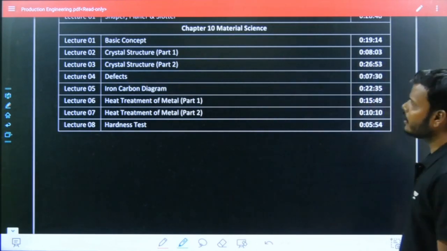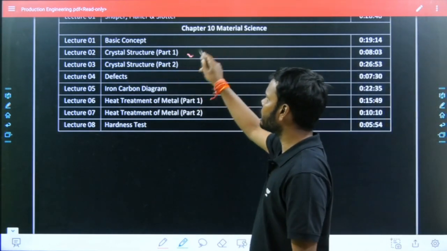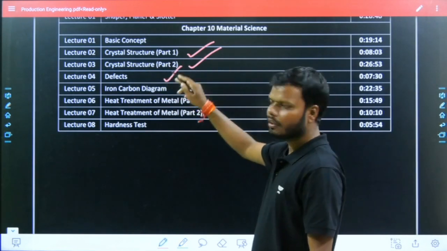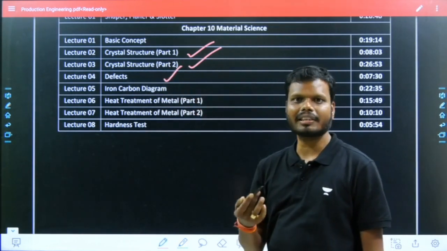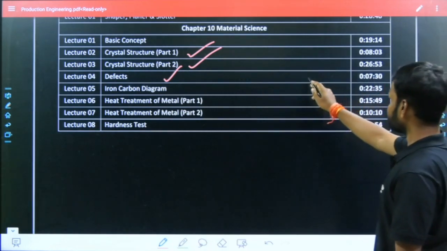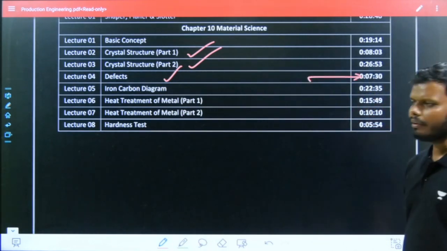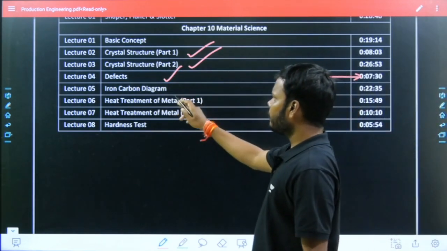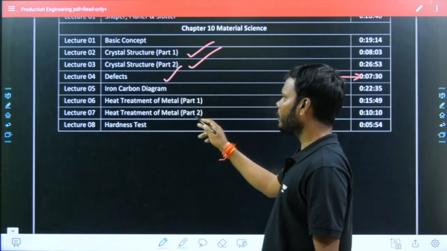In material science, there are basic concepts, crystal structure part 1, part 2, and defects like point defect, line defect, surface defect and volume defects, covered in 7 minutes 30 seconds. Then iron carbon diagram, heat treatment of metals part 1 and part 2, and hardness test.